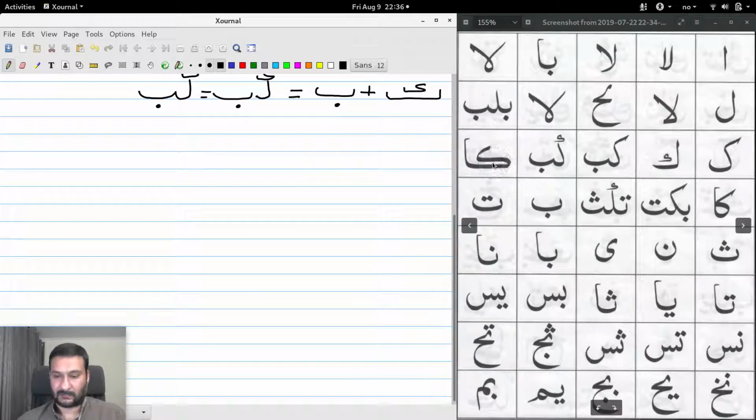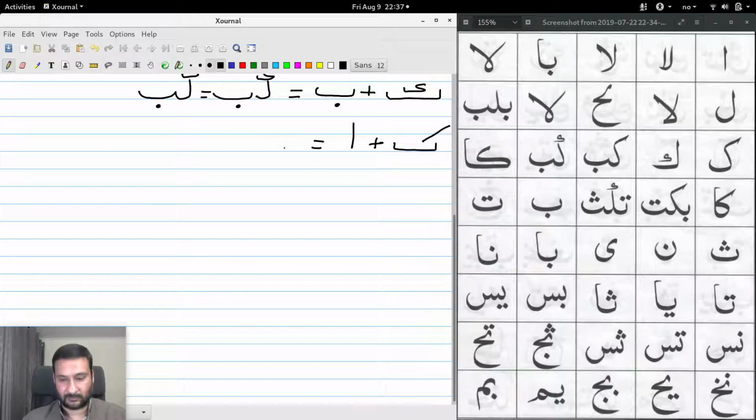Alright, then is kaf alif. So there are two forms of kaf alif I see here. One is this one and the other one is this one. So I will write both forms. This is kaf plus alif, and it will look like so. Like so.